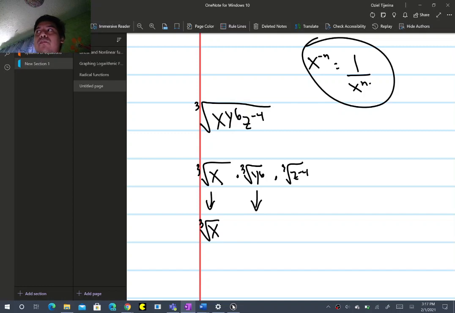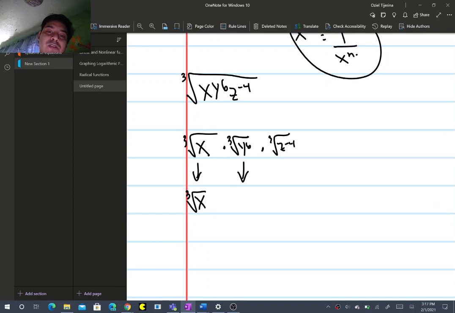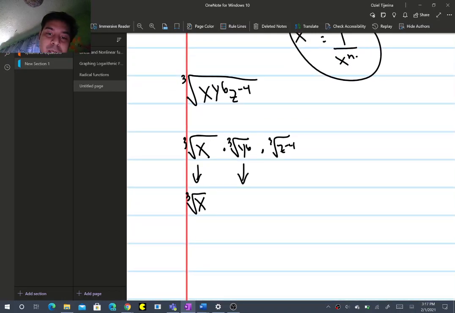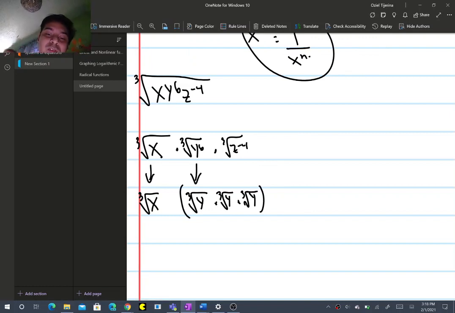Basically we would say the cubed root of y times the cubed root of y times the cubed root of y. And that's the first part.